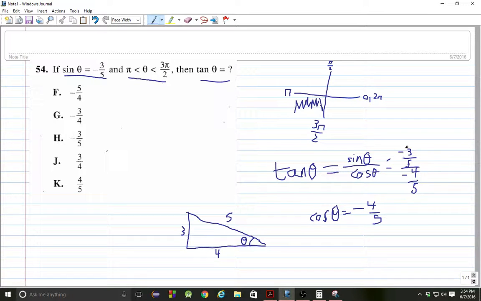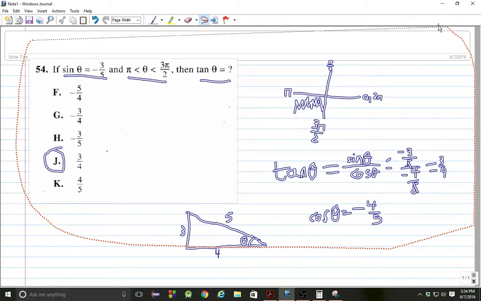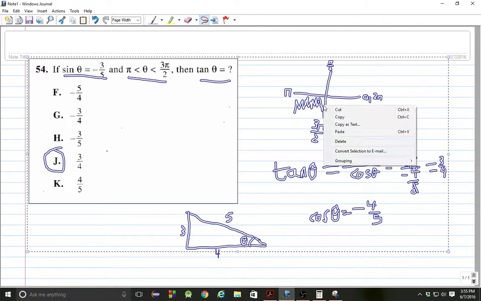And this turns out to be 3/4. So the correct answer should be J. And remember, it's not negative because the two negatives cancel out.